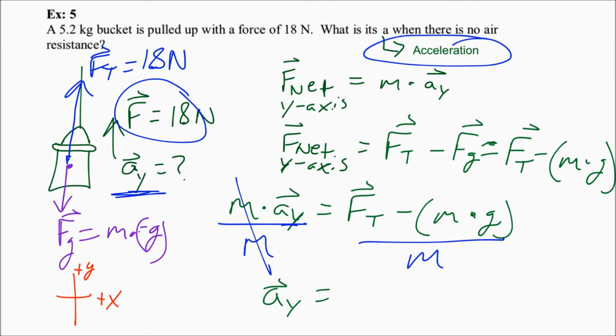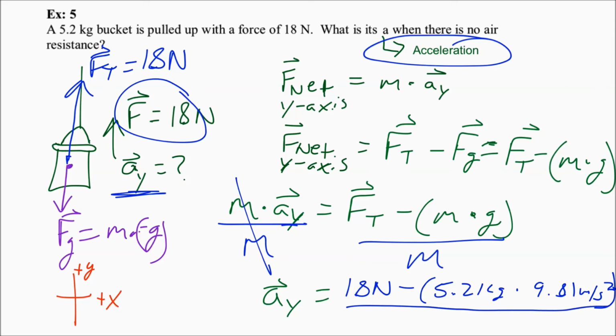Okay, so we're going to say 18 newtons, that's our force of tension, minus 5.2 kilograms times the acceleration due to gravity, 9.81 meters per second squared, and we will divide that by our mass, 5.2 kilograms.